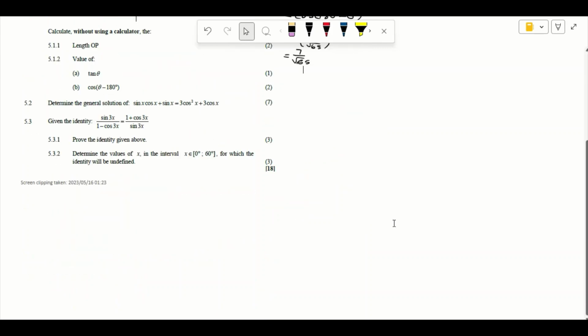Okay, the next question, we have to determine the general solution of sine x times cos x. Let me just write it here. This is 5.2. Sine x cos x plus sine x is equal to 3 cos squared x plus 3 cos x.